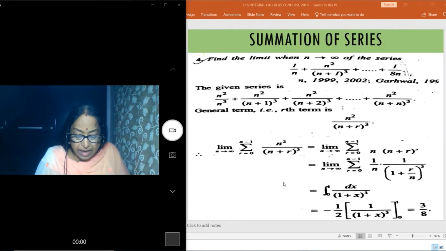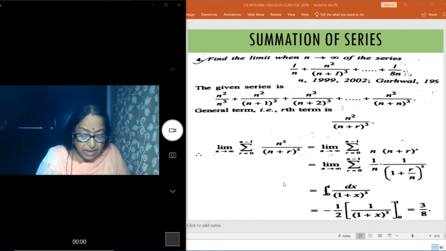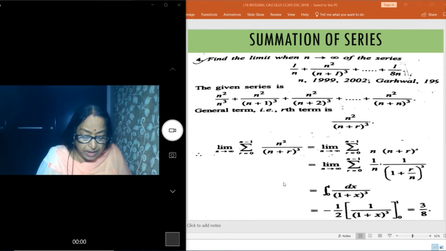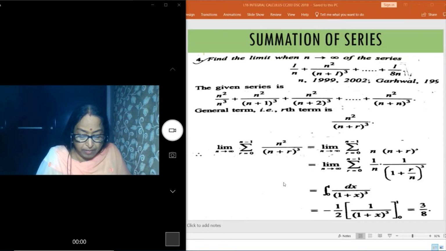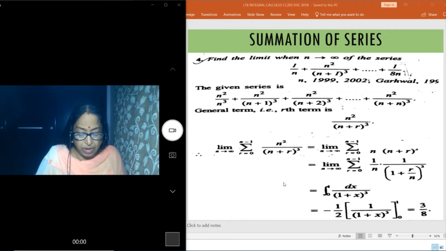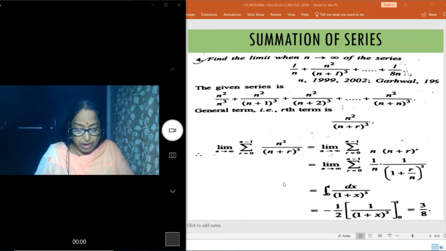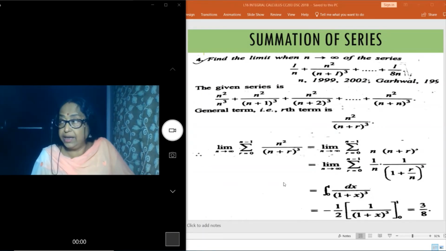When we take n common, then 1 plus r by n whole cube, which can be written as 1 by n phi r by n, that is converted into the integral 0 to 1 of dx by (1 plus x) the whole cube, which upon integration gives the value 3 by 8.